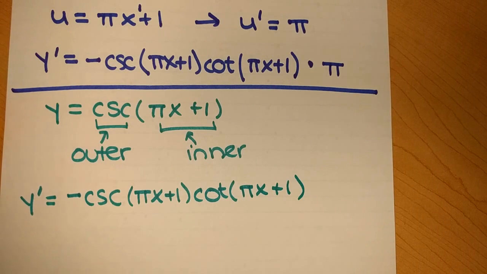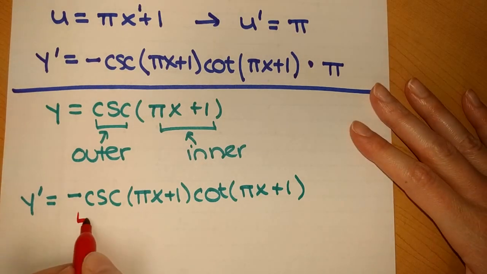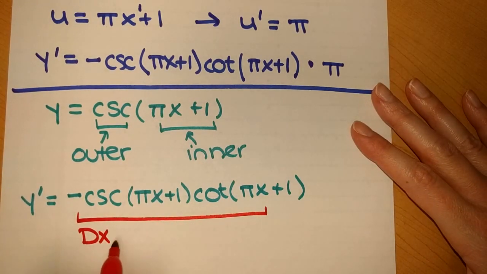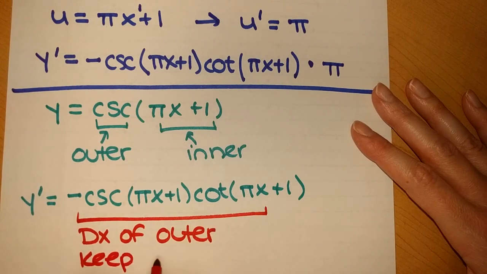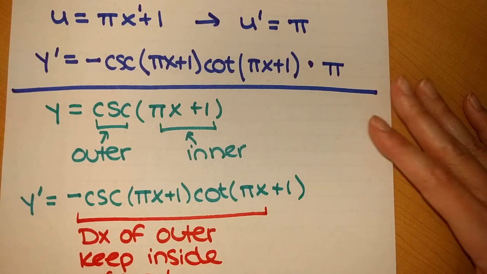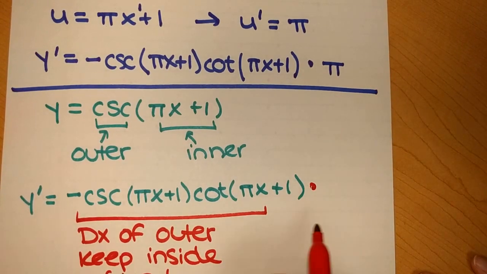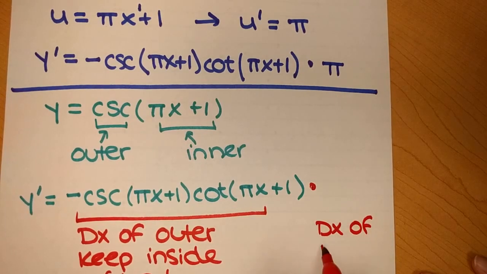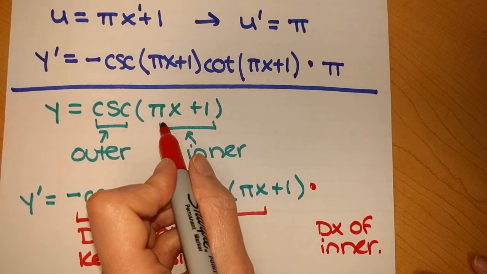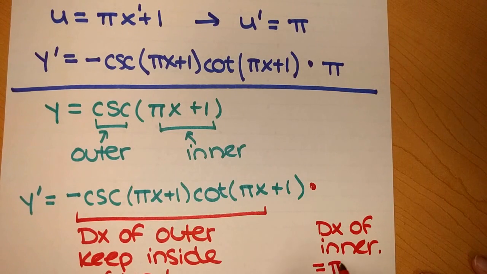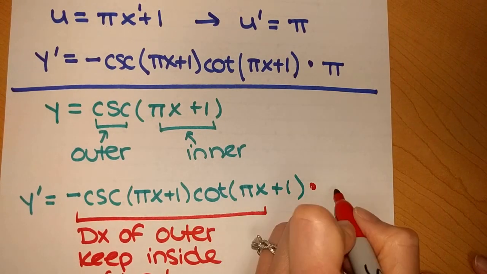So again, what we are doing here is the same thing that we did over on the previous question, where we take the derivative of the outer, keeping the inside fixed, and then we multiply that by the derivative of the inner. So my inner function is pi x, so the derivative of pi x will be pi.